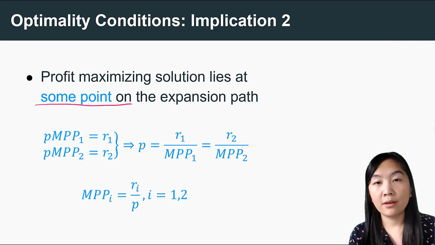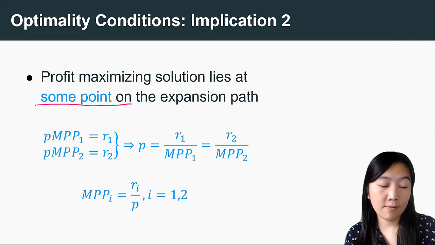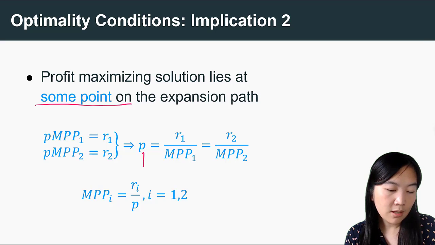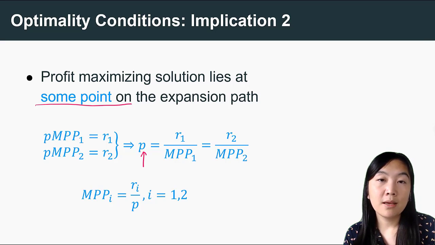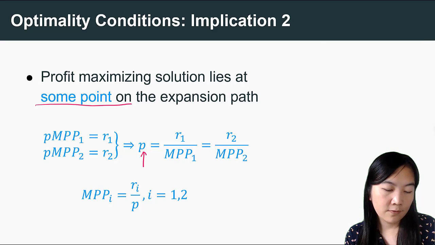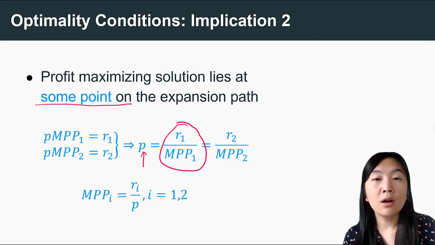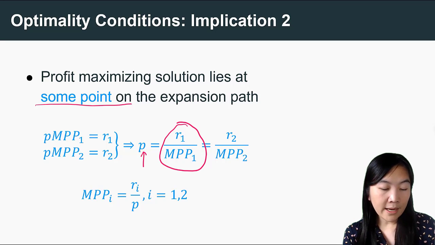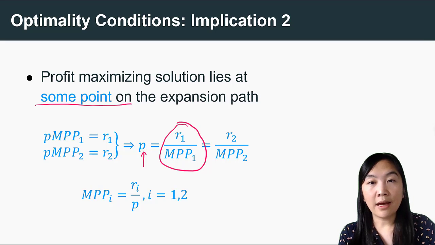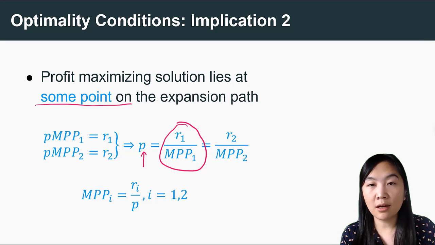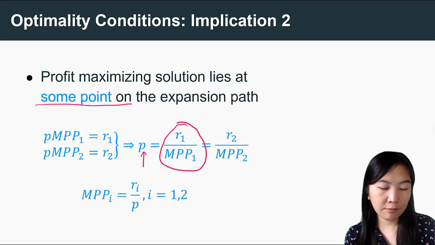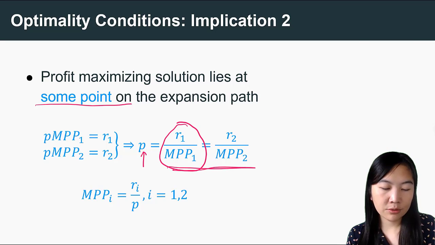So if we use this output price information, then profit maximization means that if your output price is equal to the ratio of input price to your MPP, then you're at that particular point along the expansion path that will maximize profit. So this is when we have two inputs.